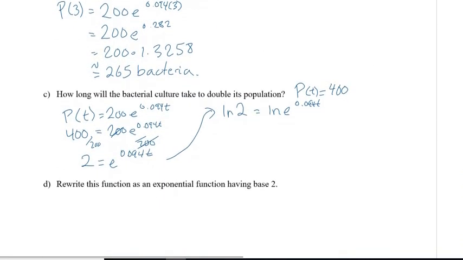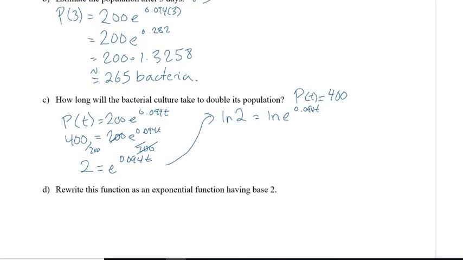So what that means is for the right side, that exponent can just move out front, and that becomes the natural logarithm of 2 is equal to 0.094t times the natural logarithm of e. Now, natural logarithm of e, you can confirm on the calculator if you like, but we know that should be just 1.